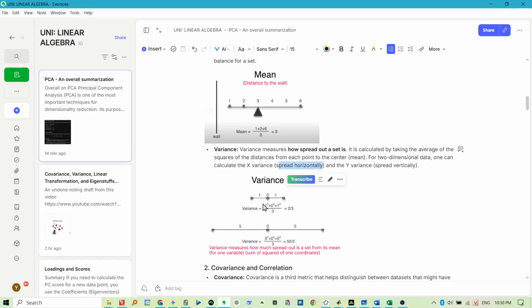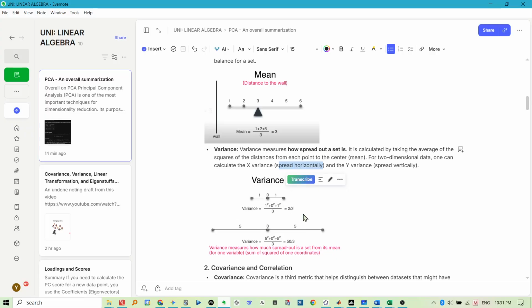The point of squaring them is so they do not cancel each other out, like -1 plus +1 equals 0, and that is nonsense. So we just square them, then divide by the number of weights.